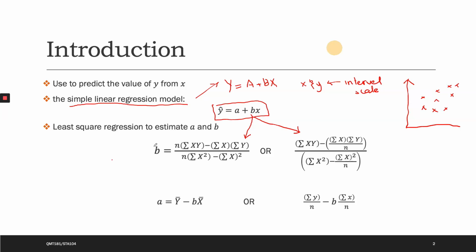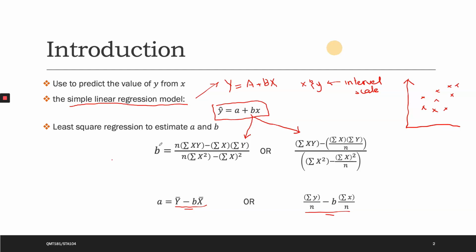Once you have found the value of b, then you can proceed with the value of a. Because if you look at this formula, of the coefficient of regression, the value of a is dependent on the value of b.